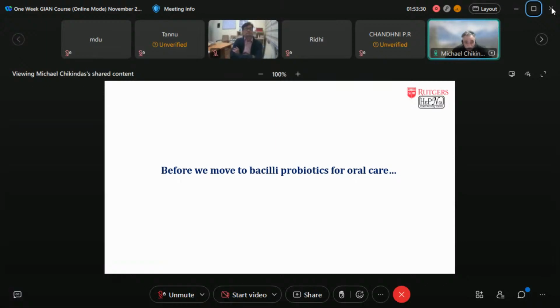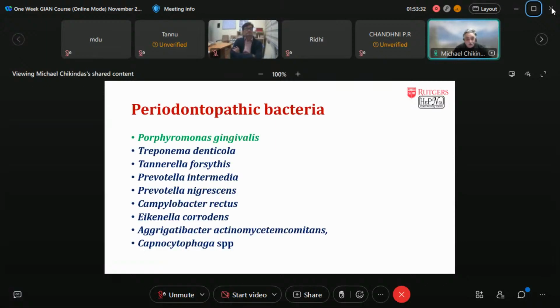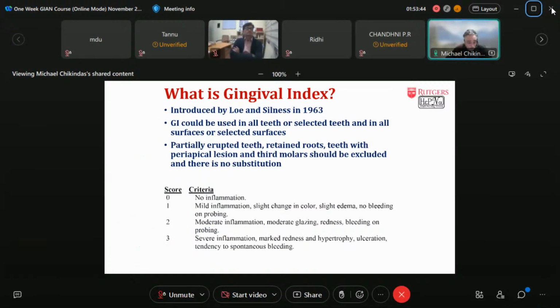Finally, now my beloved bacilli. Periodontic bacteria, Porphyromonas gingivalis is the main one, and then Treponema, Tannerella, Prevotella, and other nasty creatures to follow. So, before we go to my beloved bacilli, we need to understand what the gingival index is. It was introduced in 1963.